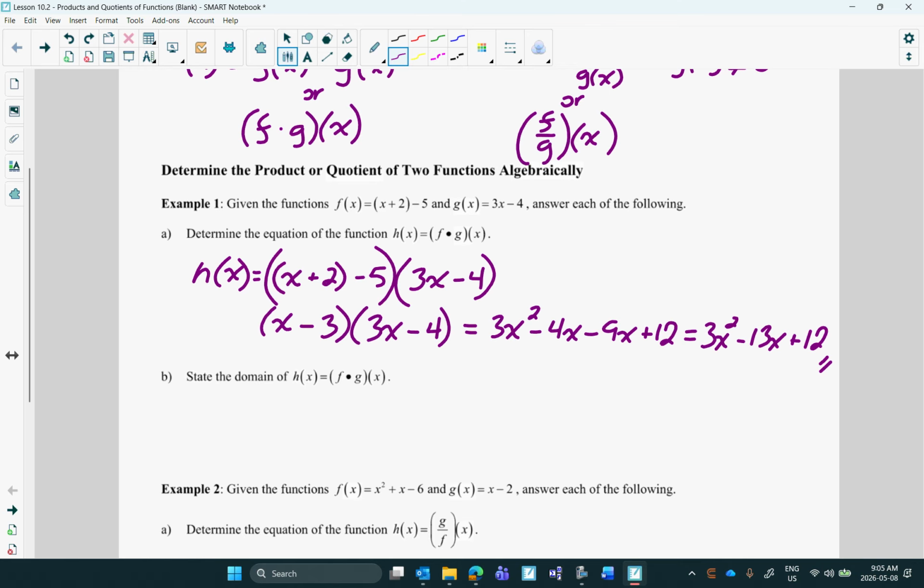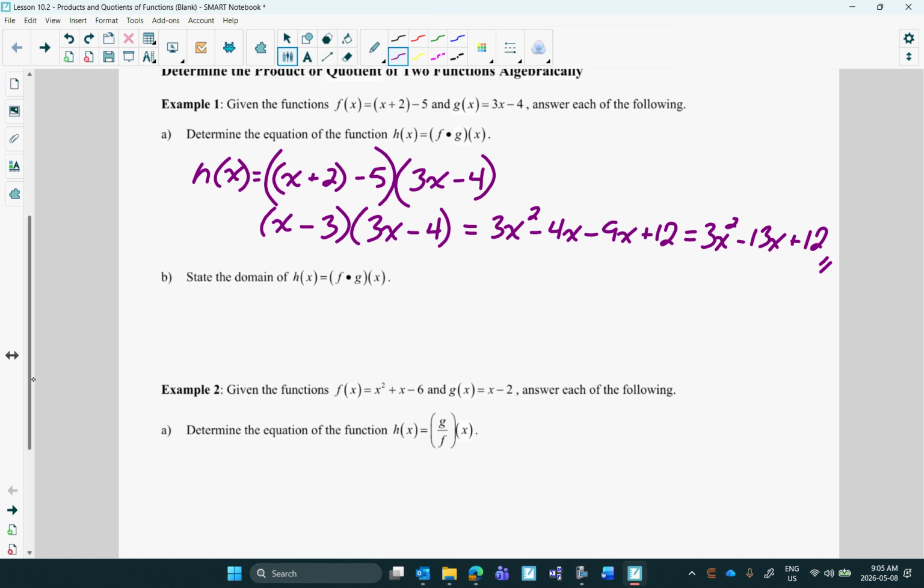Finding the domain of their product is the same thing as addition and subtraction. Find what's in common. Well, both of these, x minus 3 and 3x minus 4, are lines. So the domain of f of x is negative infinity to positive infinity. The domain of g of x is negative infinity to positive infinity.